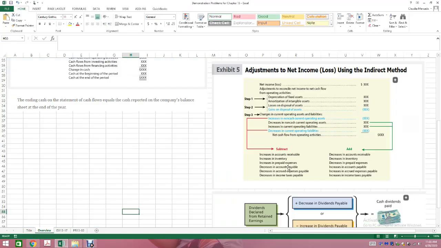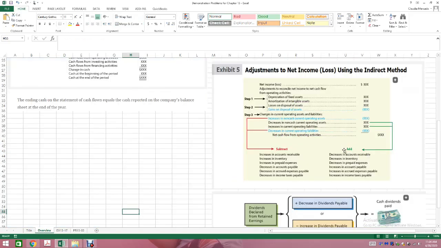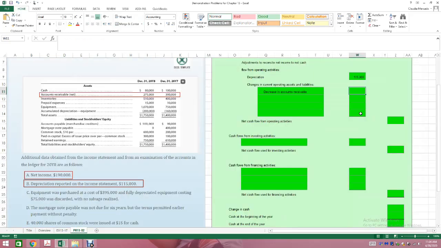If your accounts receivable decreases, you add. So I'm going to add my $25,000.